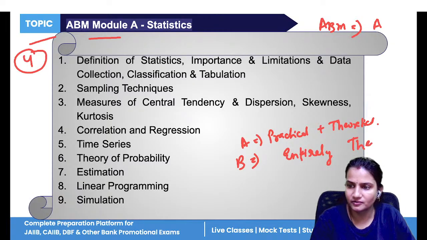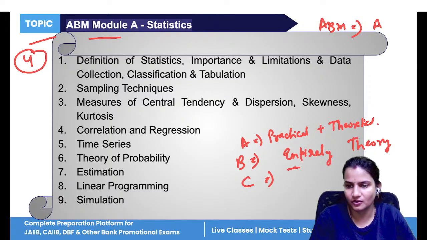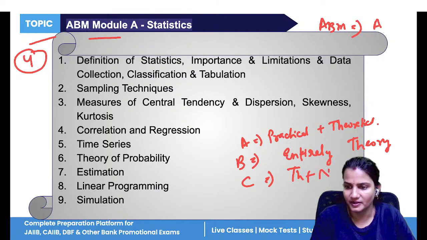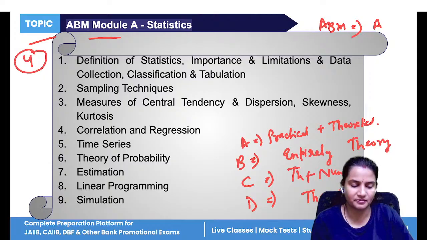Module C is a mixture of theory, conceptual questions, plus the numericals part also. And module D is entirely theoretical. So you can see that there are 2 modules which are entirely theoretical and 2 modules which are a composition of both theory as well as practical questions.